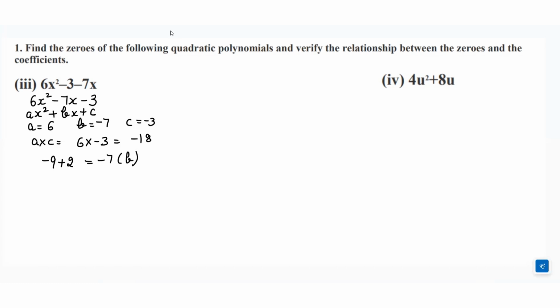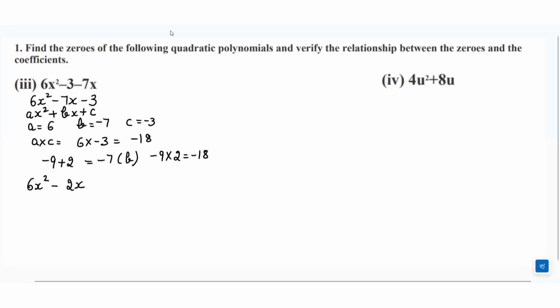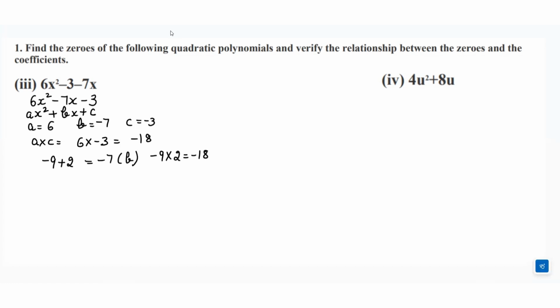And if I multiply these two, I get the value of ac, which is equal to minus 18. So I will write down here 6x square plus 2x minus 9x minus 3.